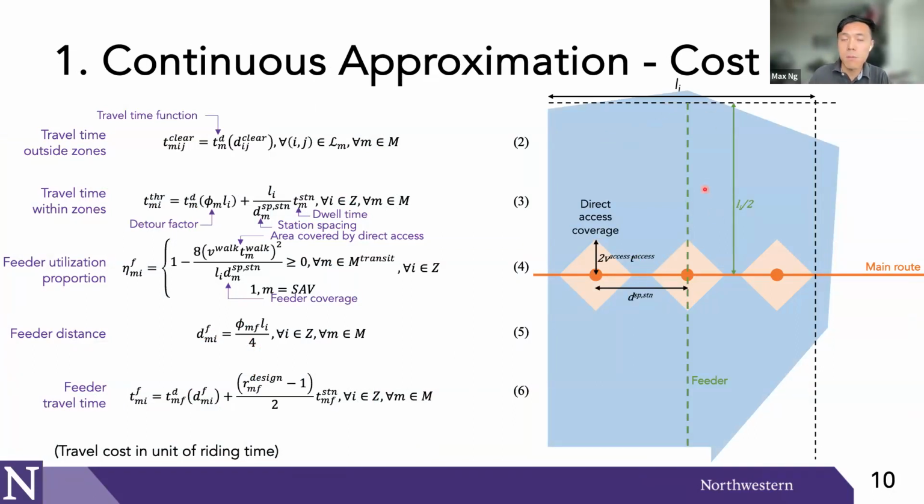So for example, if you want to know about the feeder distance, like how far on average a traveler would take the feeder to go to the transit line, then we will assume the passengers to be around at half the distance to go to the main route. So the feeder distance to travel would be around a quarter of the length of the zone. And with this, we can also estimate how many people would use feeder over walking, and also how much cost it will take to operate those feeders.